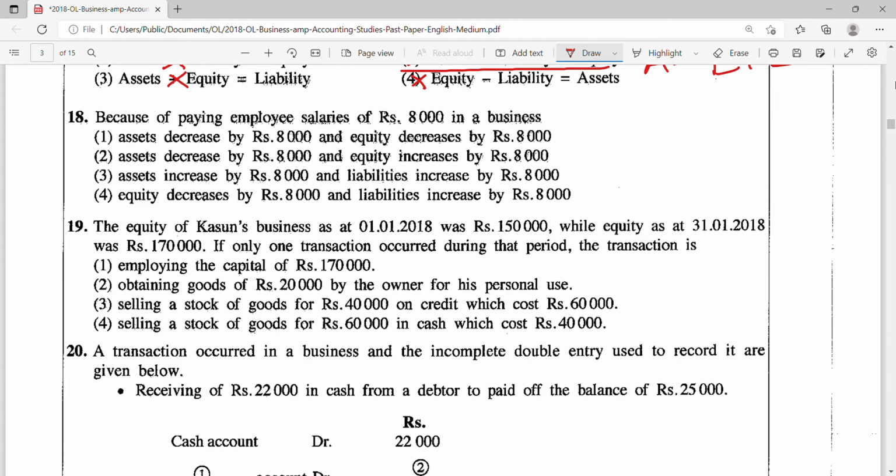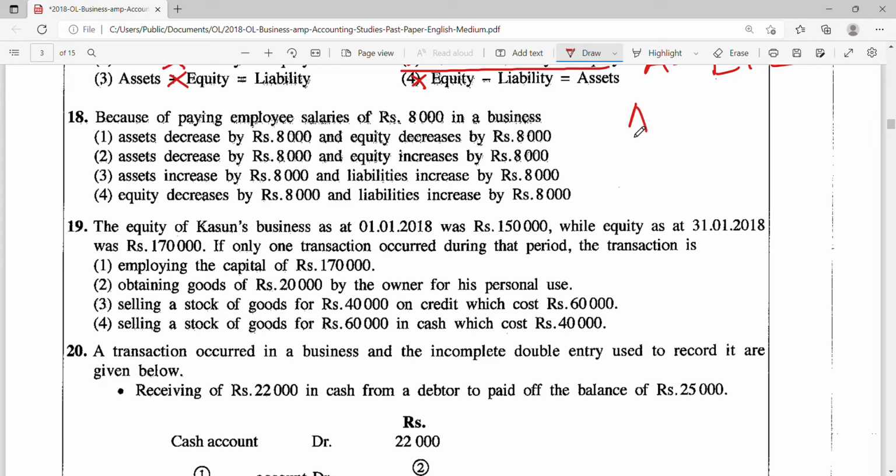Because of paying employee salaries of rupees 8,000 in a business, what happens in an accounting equation? Okay, now you have paid employee salaries of 8,000. They have not been more specific, so we assume that it's done in cash. Now when you pay employee salaries in cash, what happens?